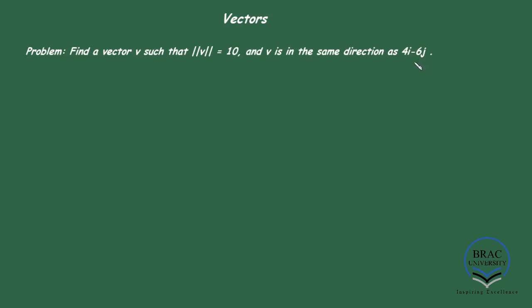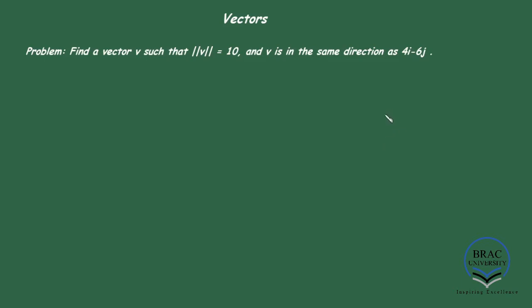So we need to find a way to figure out the direction of the vector 4i minus 6j, and that we can use as the direction of the vector v because they indicate the same direction. So how can we find out the direction of the vector 4i minus 6j?